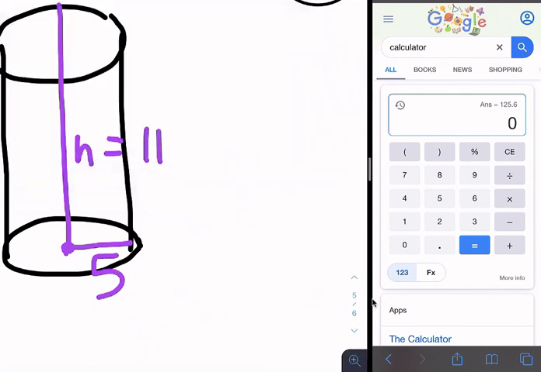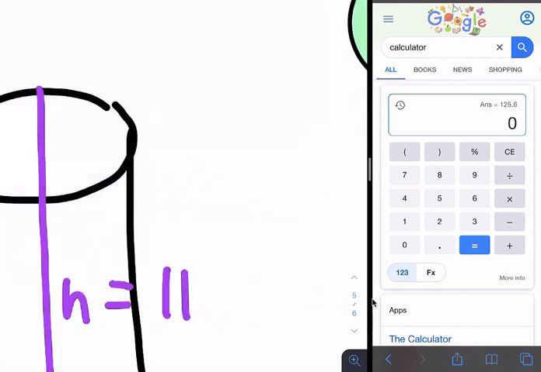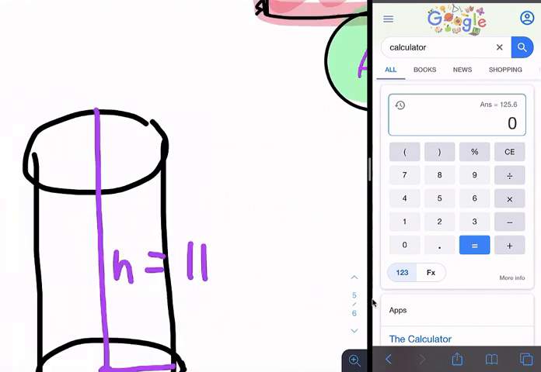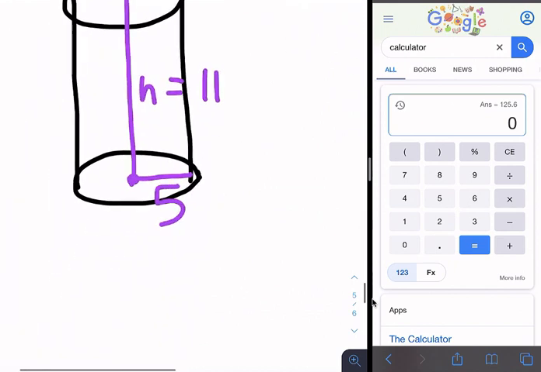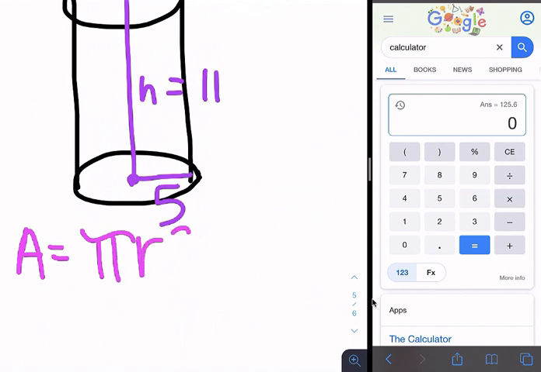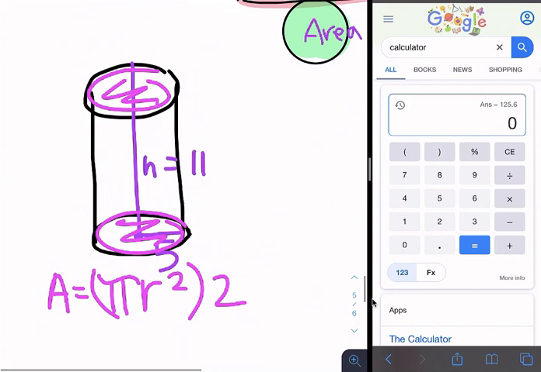Now, I'm going to do the area of my two circles first. So to find the area of the circle, I am going to do pi r squared. And then remember, we're going to multiply the whole thing by 2 because that is the area of my two circles.